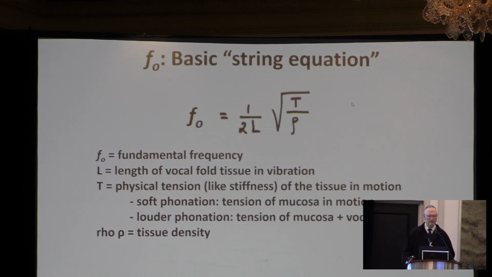So the basic string equation for a string, ribbon, etc. is actually quite important in understanding the basics of fundamental frequency. The fundamental frequency in the string equation analogy is 1 over 2L. L is the length of the vocal fold tissue that is in vibration.